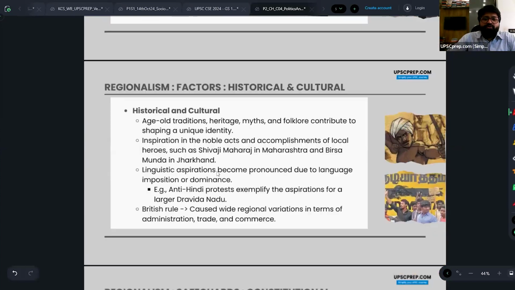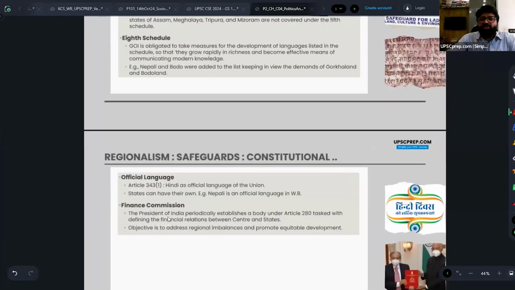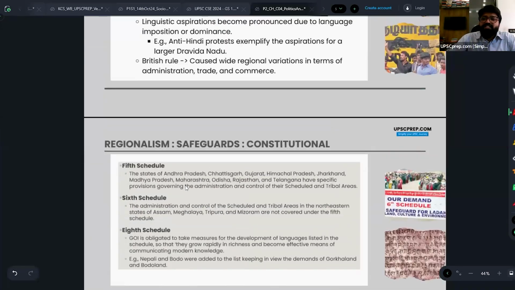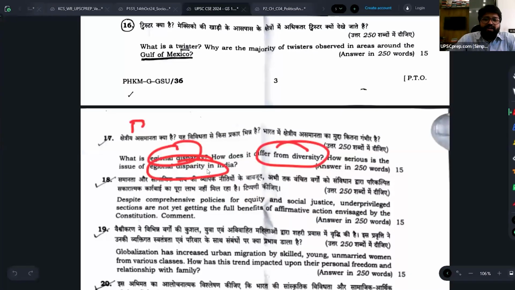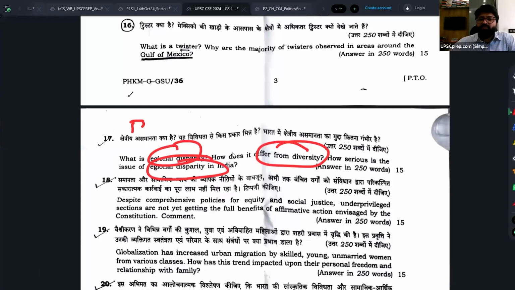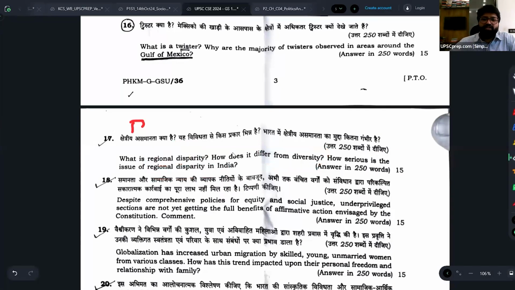We are going to spend a lot of time discussing regional diversity and regional disparity. So some of the points you can easily borrow and write in this answer. How serious is the issue of regional disparity? We discuss a lot of things with respect to regional.